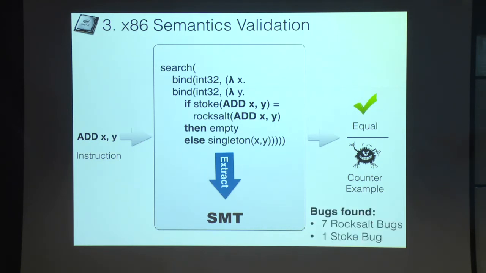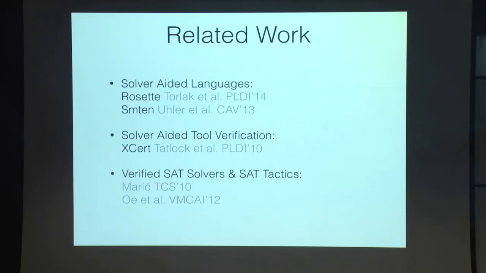Using this procedure, we found 7 bugs in RockSalt. And we also found 1 bug in Stoke. And the maintainers of these tools are really awesome, and they fixed them and worked with us to make sure that this stuff gets fixed.